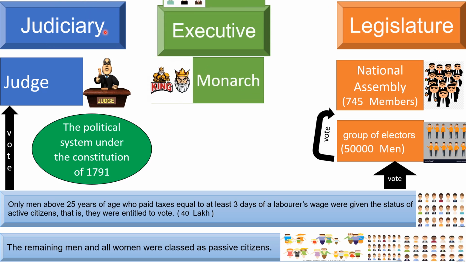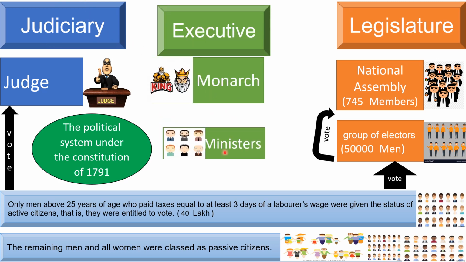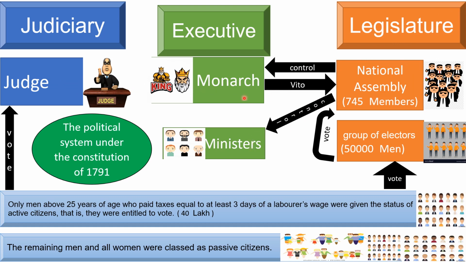Under the executive come the monarch and ministers, and the National Assembly has control over the monarch and ministers. The monarch also has veto power. He can deny any act which was passed by the National Assembly. So here we can see the separation of powers as judiciary, executive, and legislature.